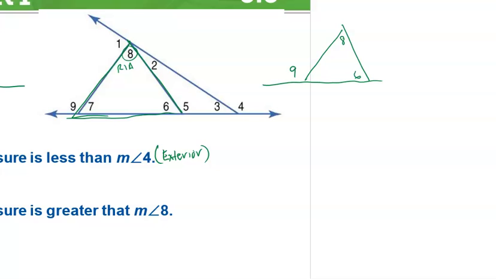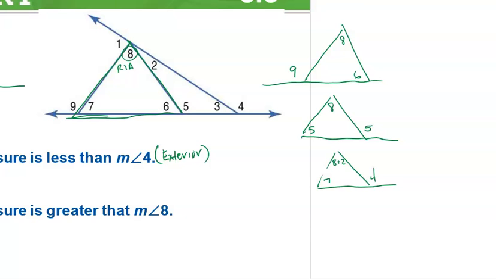Okay, and then another triangle with an exterior angle where 8 is a remote interior is the exterior angle 5. And then of course you've got this one where angle 4 is the exterior, and then 8 plus 2 is right here, and then 7 is right here.